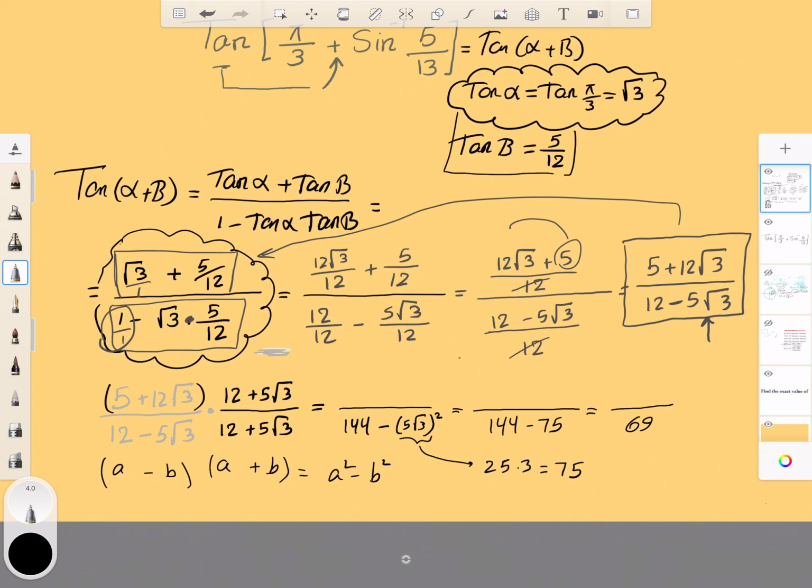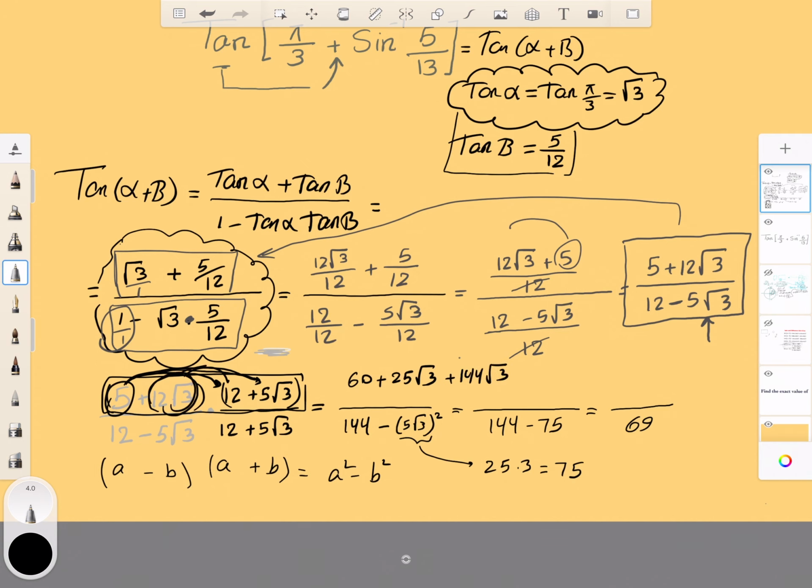Now on the top we have 5 plus 12 root 3 times 12 plus 5 root 3, so we have to distribute. Sometimes we can leave it as is on the top as long as there is no radical in the denominator. But if you want to simplify it, 5 times 12 is 60, plus 5 times 5 root 3 is 25 root 3. 12 root 3 times 12 is plus 144 root 3.